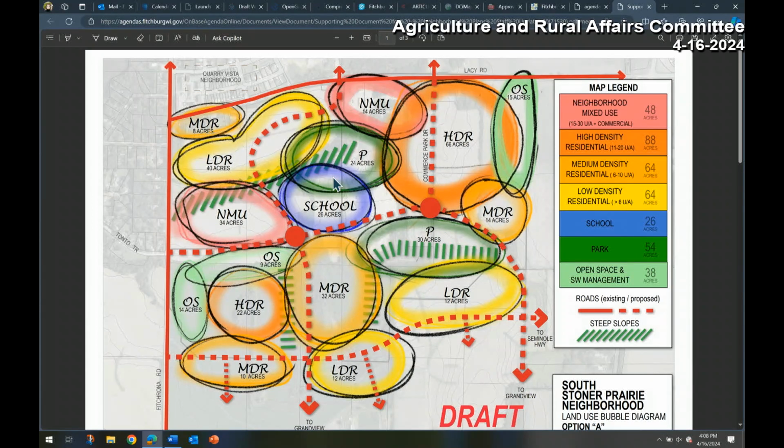Verona School District has indicated to us that they would have some interest in potentially a school in this neighborhood if there were a significant enough number of households and rooftops, so to speak, to support an elementary school, for example.